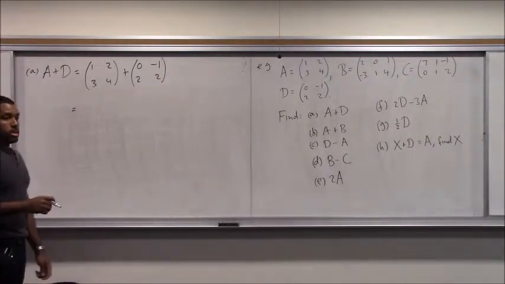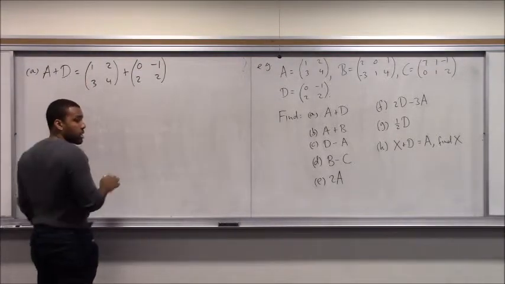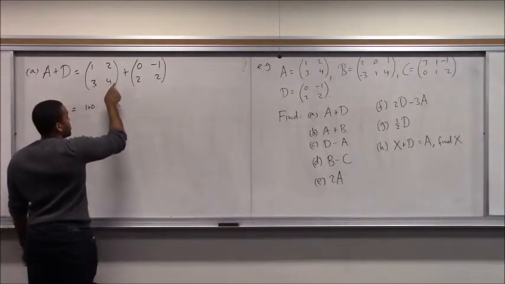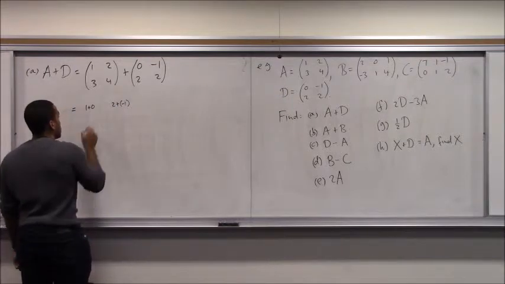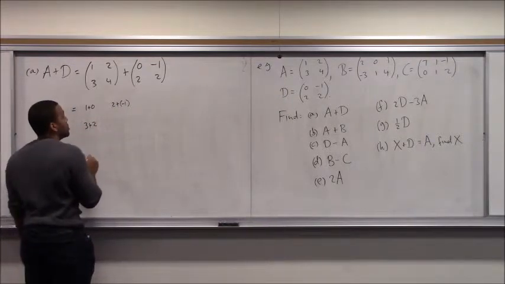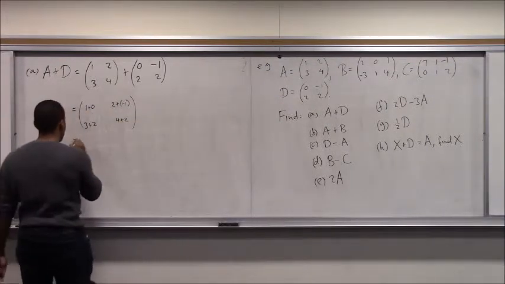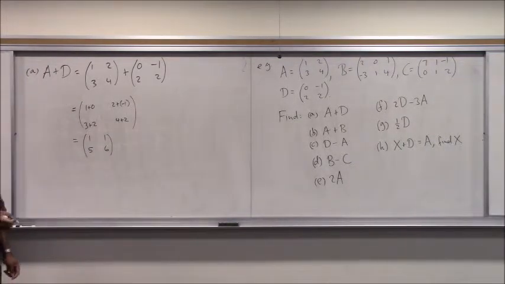Okay, so what do you think this is? 1 plus 0, you're going to add the corresponding components, is 1. And then 2 plus minus 1, then 3 plus 2, 4 plus 2. And yeah, that's it. Now you simplify. That's it. Good job. Congratulations.